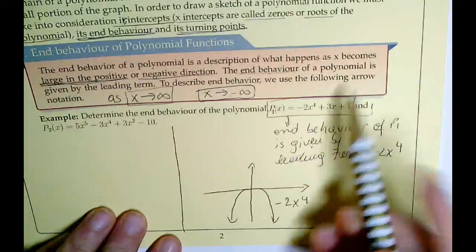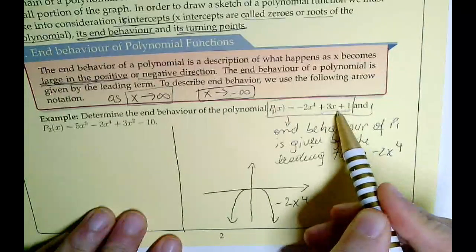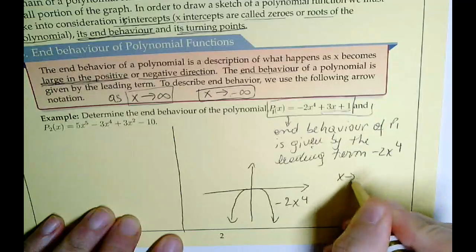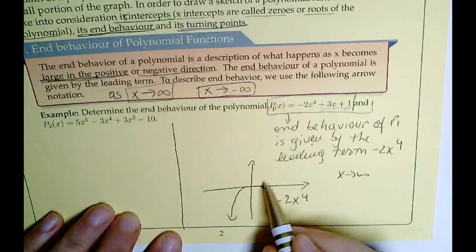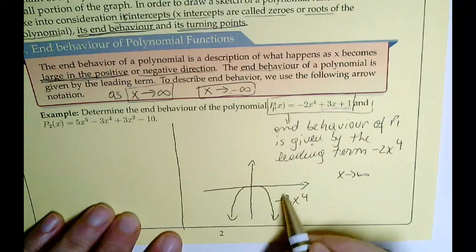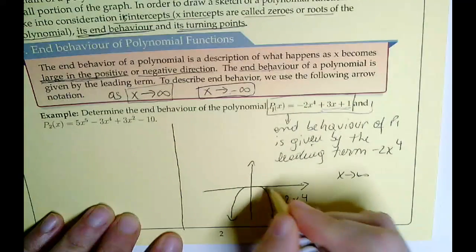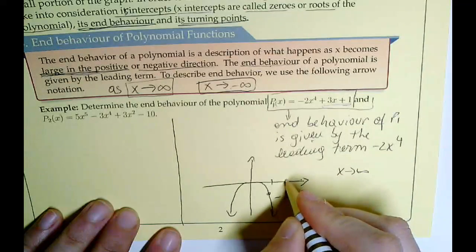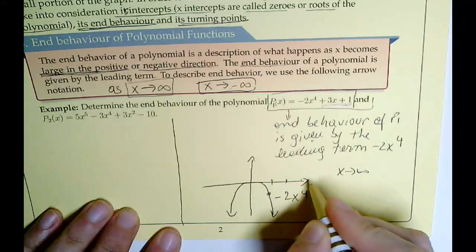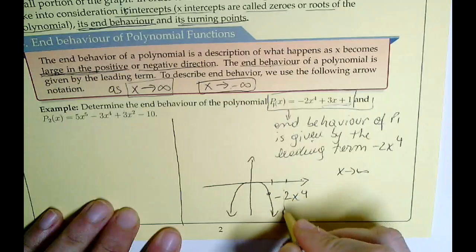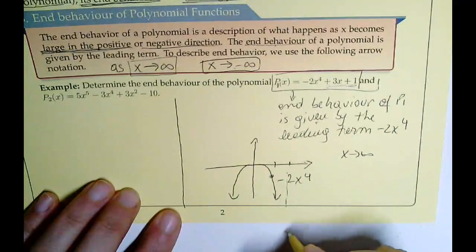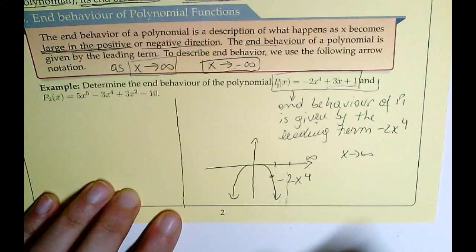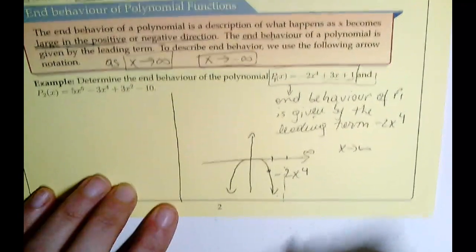Even though this has these extra terms, if I zoom out, as x goes to infinity, where is the y value going? If x is here, the y is right here. If I let x increase, the y value is going to be somewhere down here.